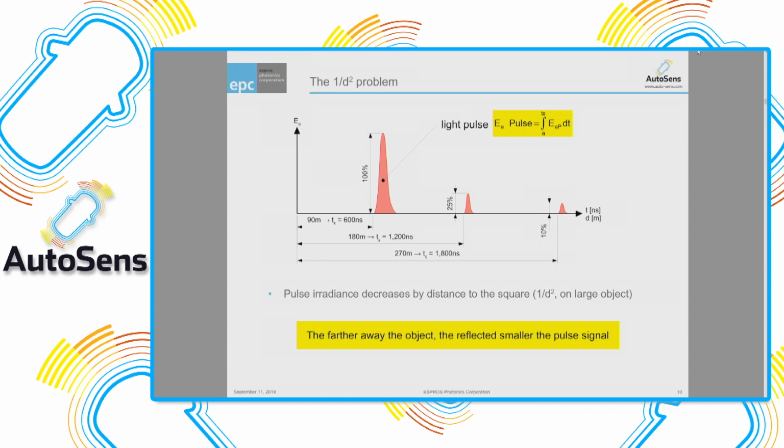If we double the distance to the same object with the same reflectivity, we get just 25% of the light back because of the 1 over d squared formula. At 270 meters, it's 3 times this distance. It's basically 10 times less, so about 10% of this signal.